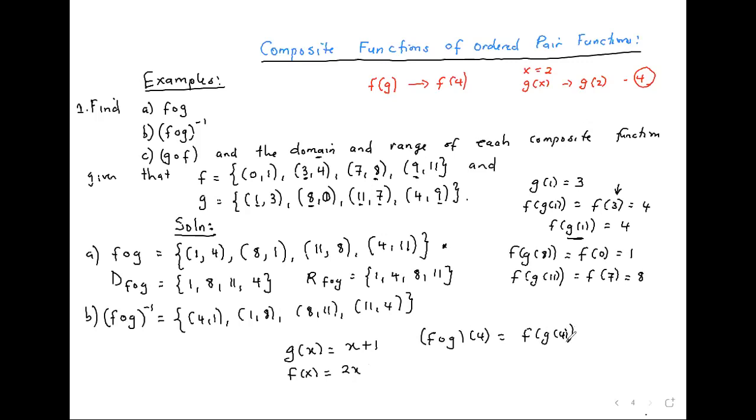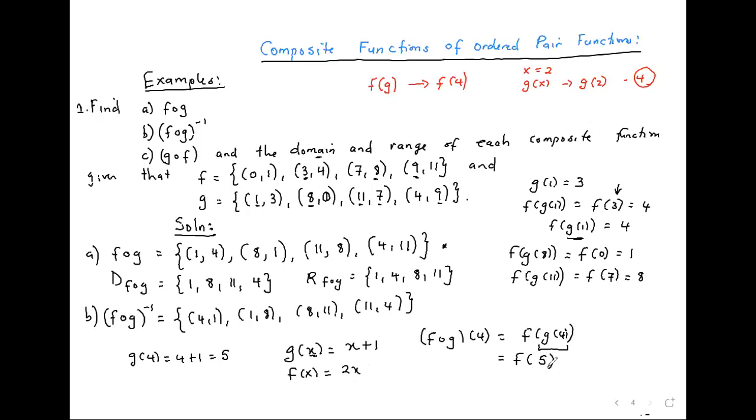So you can get this 4, bring it to g. So you have g of 4. You get 4 plus 1, which is equal to 5. So where there is g of 4, what we have is 5. So you can put a 5 here.